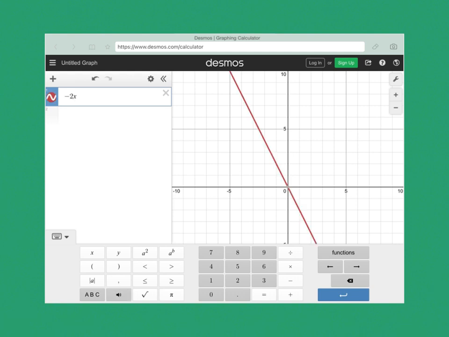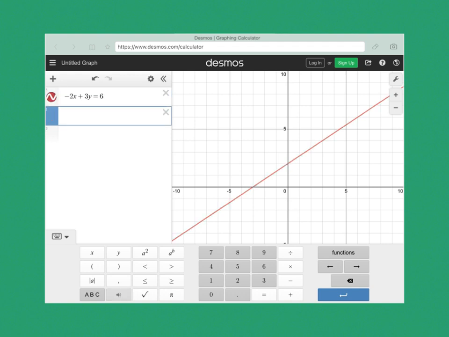-2x plus 3y equals 6. Okay, so now I'm going to graph my two zeros to see where they land on the line. So I have 0, 2. There's my y-intercept, and I'm going to label it so we can see it.